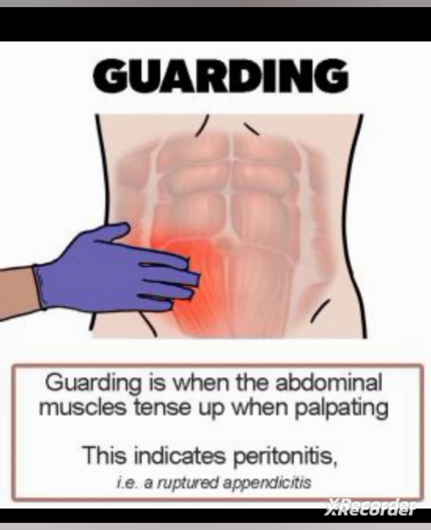While we are palpating the abdomen, there will be contraction of the abdominal wall muscle, and this contraction during palpation leads to pain. That is known as abdominal guarding. This guarding indicates peritonitis or a ruptured appendicitis.